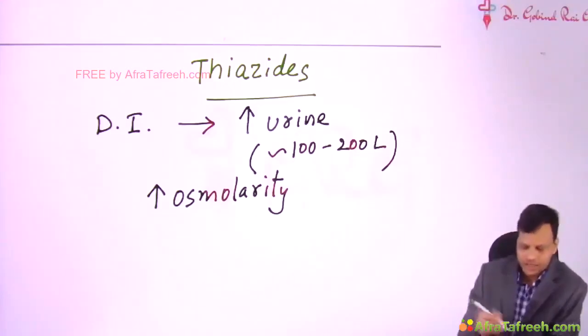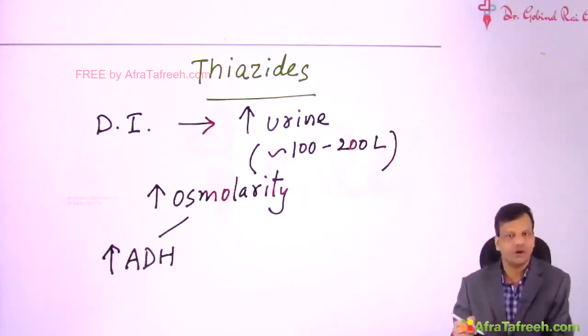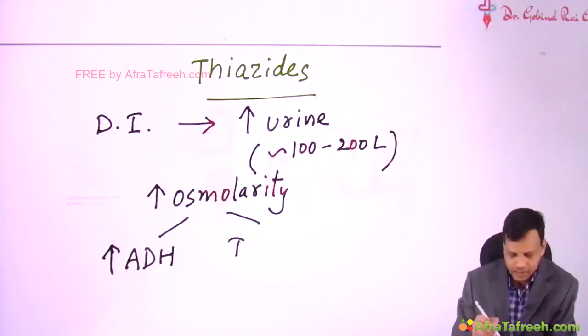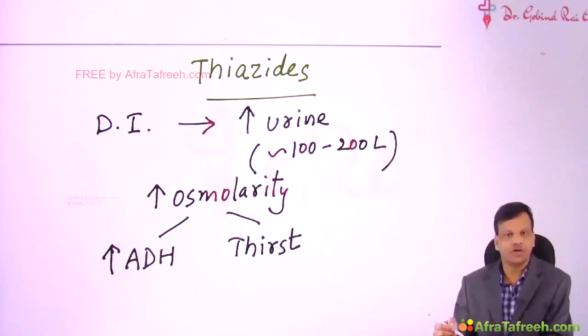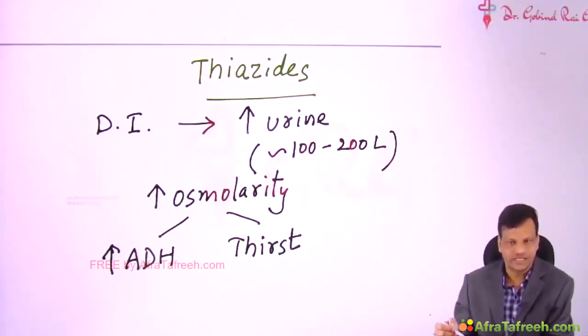One, there is release of ADH from the hypothalamus so that water can be retained. So osmolarity becomes normal. Second, the thirst center is stimulated in the brain, so the person can drink more water. When more water is drunk, then the osmolarity will decrease.